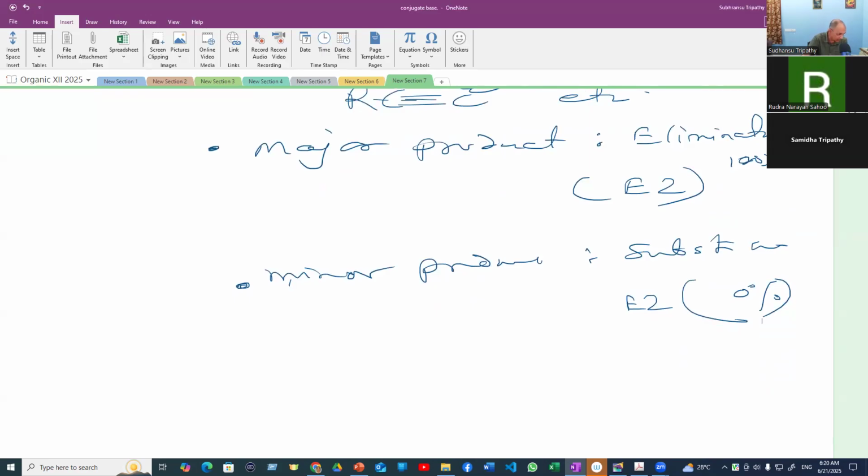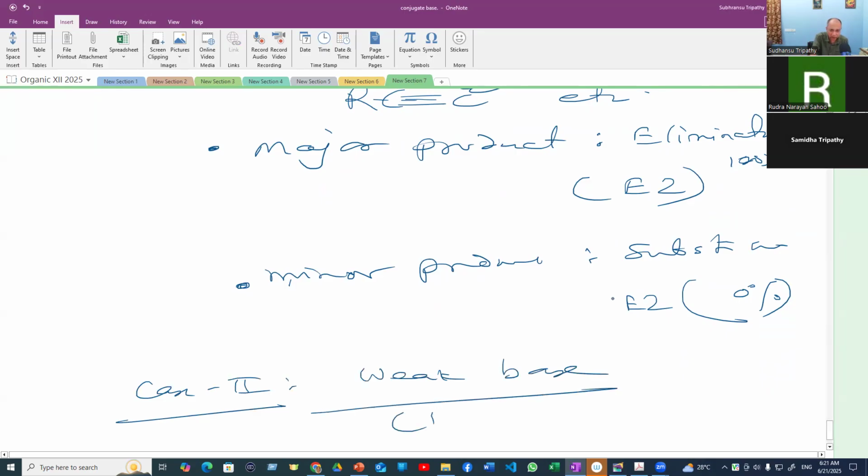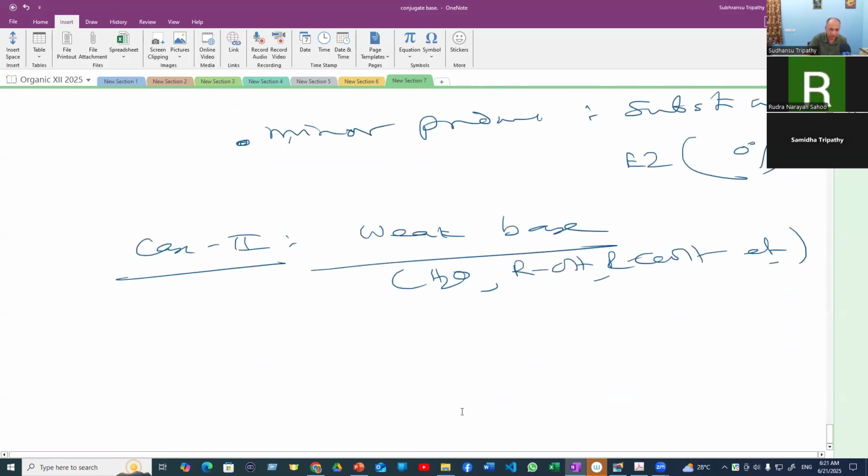Then if you take a weak base, I'm not giving any example. We have done enough examples. Weak base like water, alcohol, carboxylic acid, etc. Solvolysis reaction.